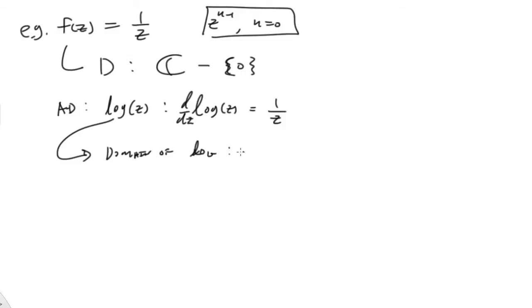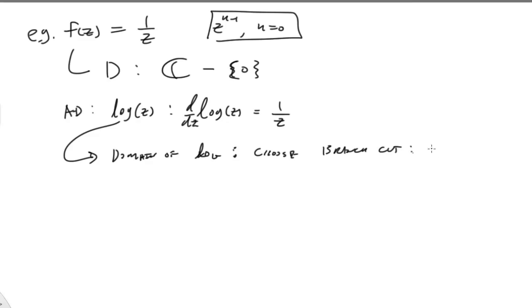Okay, but what's the domain of log? Well, for the log, we have to choose a branch cut. So what's the branch cut? Well, we can choose it. We can take it to be anything we want. So in this case, we can choose it to be, let's say, alpha is equal to pi. We'll take the standard branch cut, in which case complex log reduces to the principal value log, which we'll call capital Log. Okay.